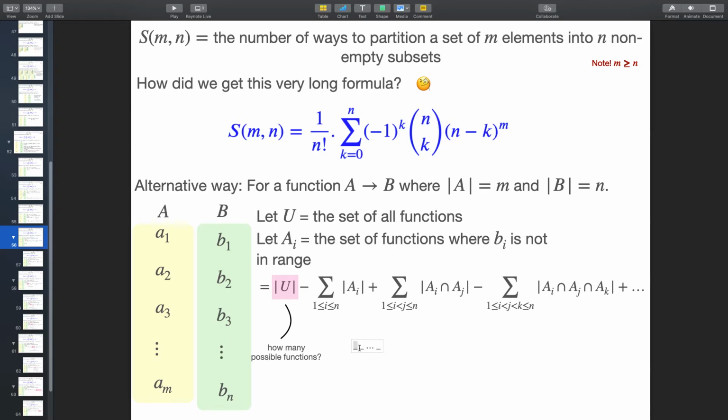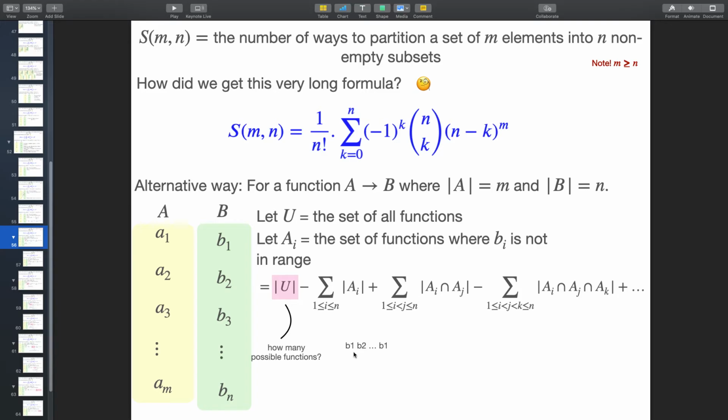Right? So, halimbawa, si A sub 1, i-map mo siya kay B sub 1. Tapos, si A sub 2 ay i-map mo kay B sub 2, and so on. Tapos, ito, this is determining kanino mo i-map si A sub n. So, pwedeng B sub 1 din.